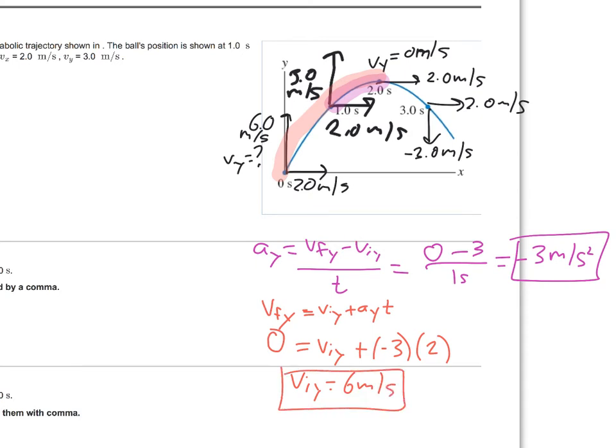So I can do it in a more rigorously mathematical way, or I can just think conceptually about the fact that it's slowing down at a constant rate, which means that from here to here it's losing 3 meters per second of velocity. So from 0 to 1, it also must have lost 3 meters per second of velocity, making that initial velocity be 6.